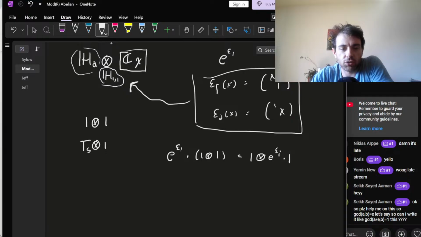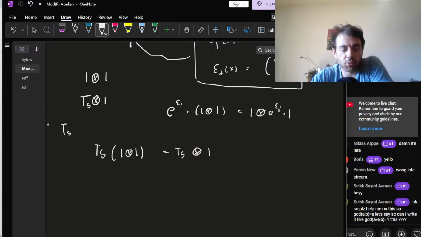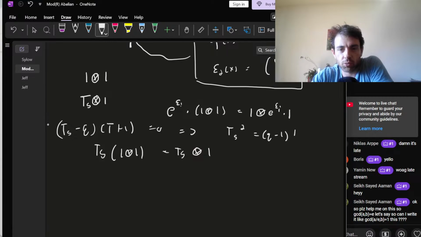And then it's very clear how T_s, maybe not very clear, but T_s will just send this to the other basis vector. That's easy. And then T_s, by the way, is determined by the quadratic relation. So that implies that T_s squared is (q minus 1) T_s plus q.